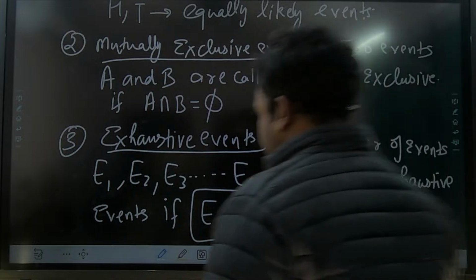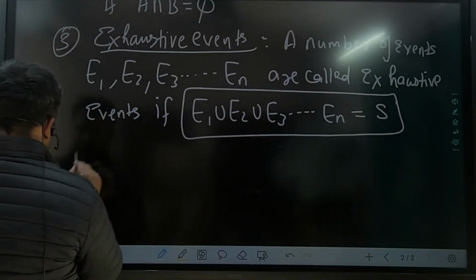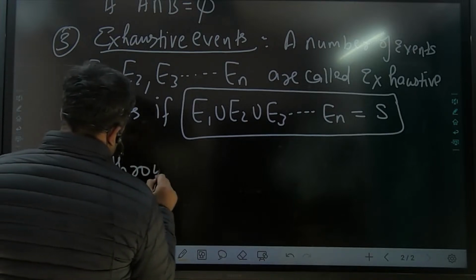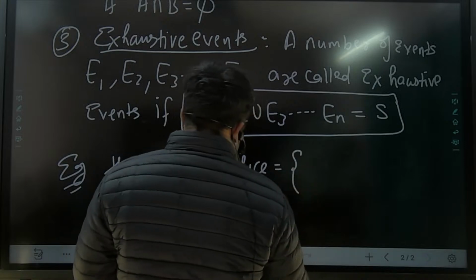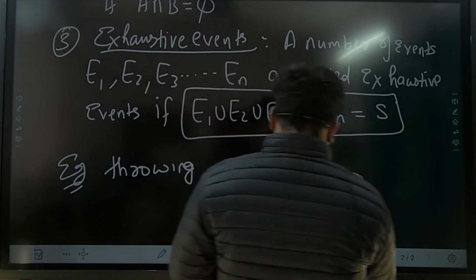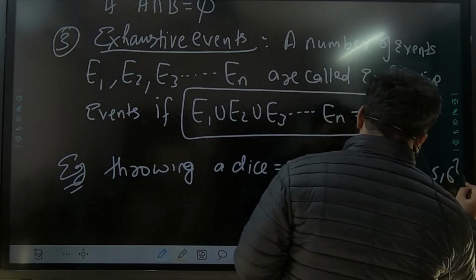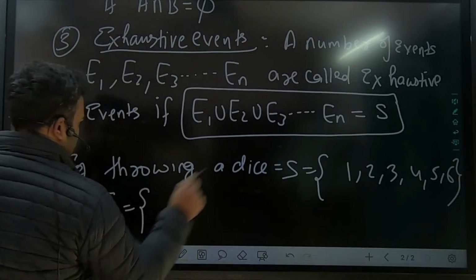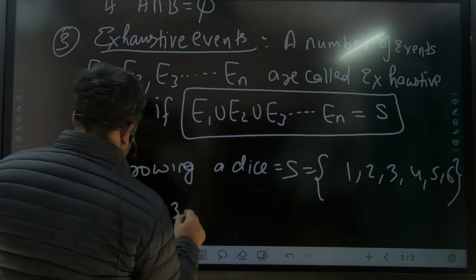For example, suppose I take the example of throwing a dice. If a dice is thrown, what is the sample space? That is equal to 1, 2, 3, 4, 5, 6. So let us create an event E1. An event will come from the sample space only, right? So let's say event E1 is 1, 3, 5.